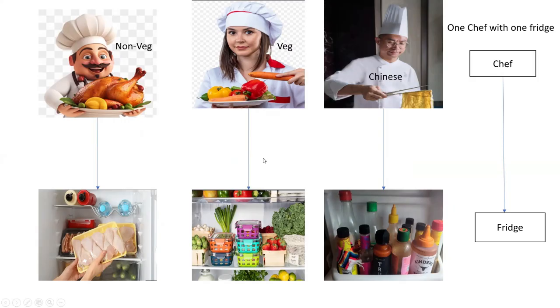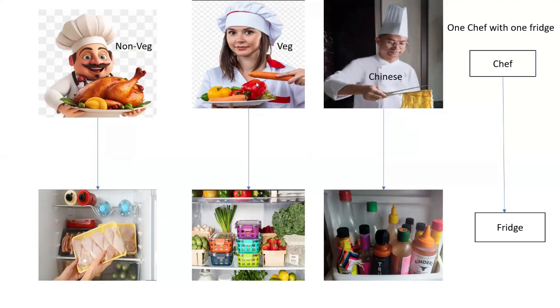Similarly, we use the same example as for the shared disk architecture. Here we have a non-veg chef, a veg chef, and a Chinese chef. The non-veg chef stores his cooking items in one fridge, the veg chef stores his veg items in one fridge, and the Chinese chef places his Chinese items in one fridge. This made the work easy.